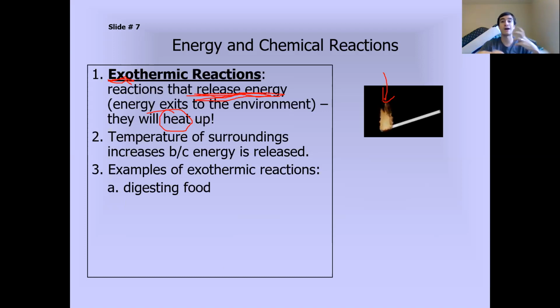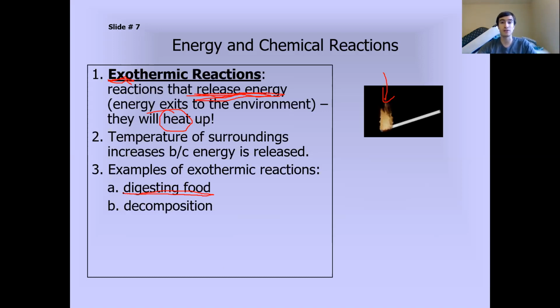So your body constantly needs to be generating heat in order to keep your body temperature at that optimal 98.6. One of the ways your body creates a lot of heat is through digesting food. So breaking down food from big chunks into smaller and smaller pieces. While that's going on, a lot of energy and a lot of heat energy is being released.